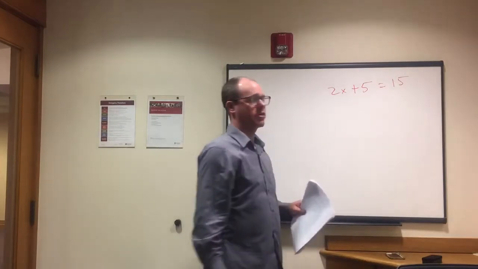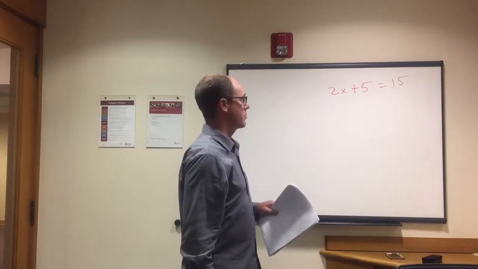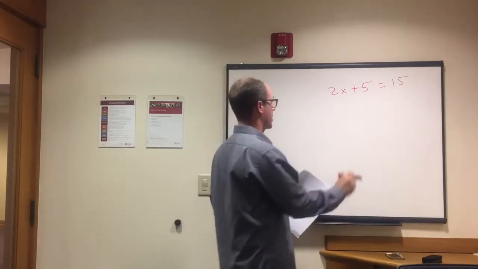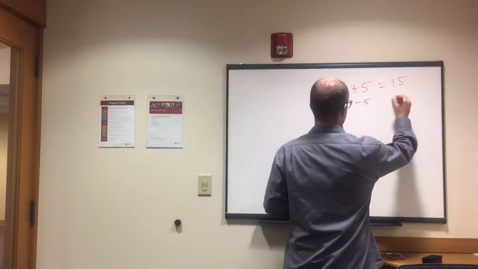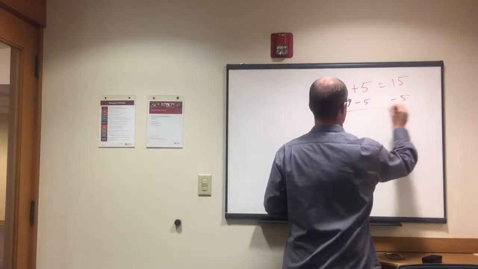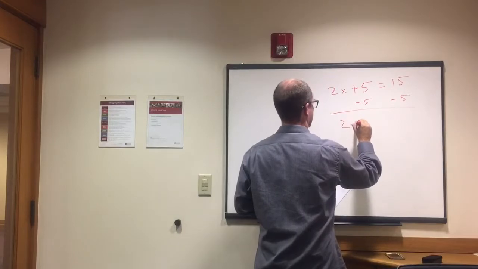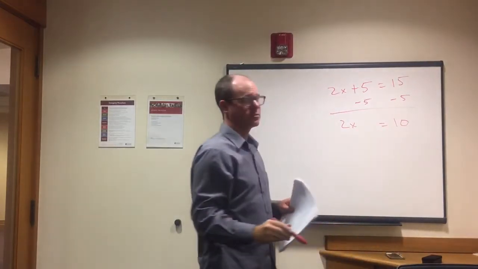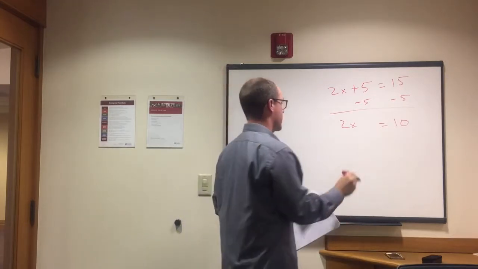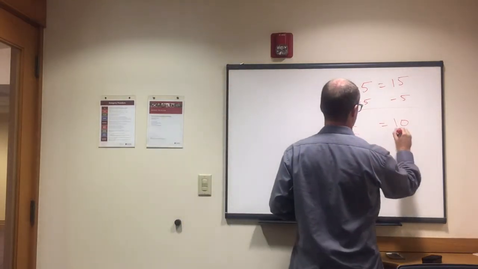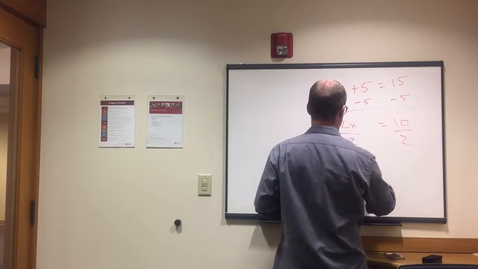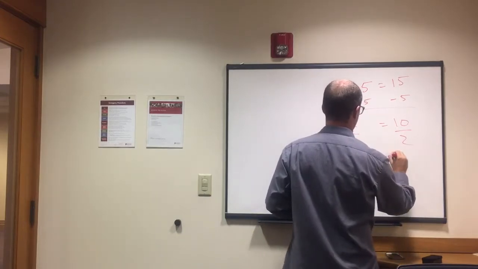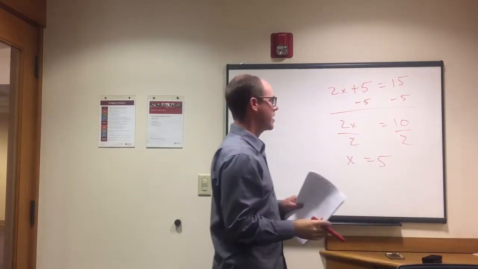Okay, so now we have our formula all set up, and from here, it's not too hard. So we subtract 5 from both sides to get the x by itself. 15 minus 5 is 10. Now we have 2x equals 10, divided by 2, x equals 10 divided by 2, which is 5.